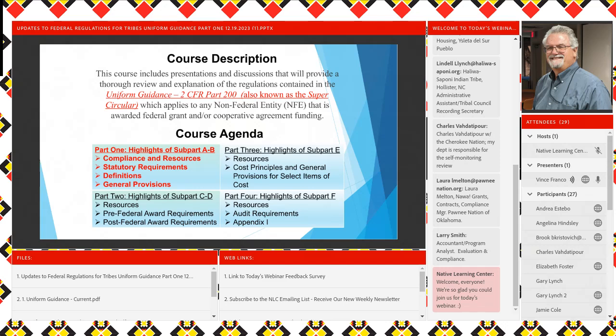Part 1 and part 2 are going to be combined. That is what I was just talking about. You're just looking at it from a different perspective. Highlights of subpart A and B, highlights of subpart C, and as much of D as we can get into. Then tomorrow, on the right side, E and F, and you can see some of the specifics there that we'll be talking about.